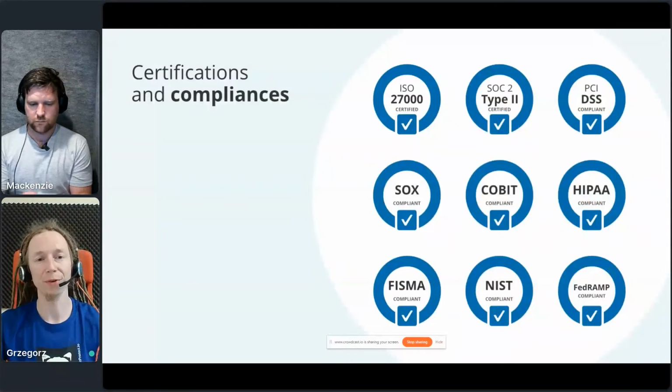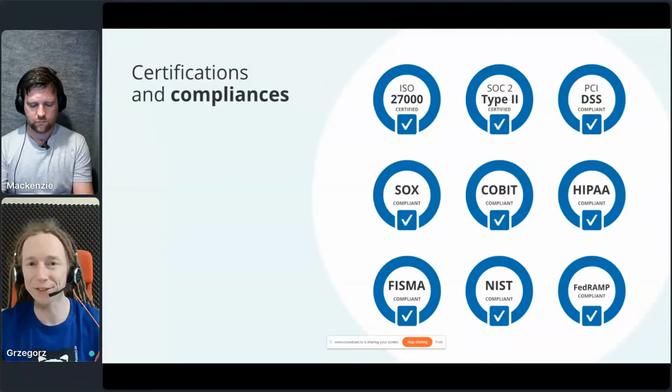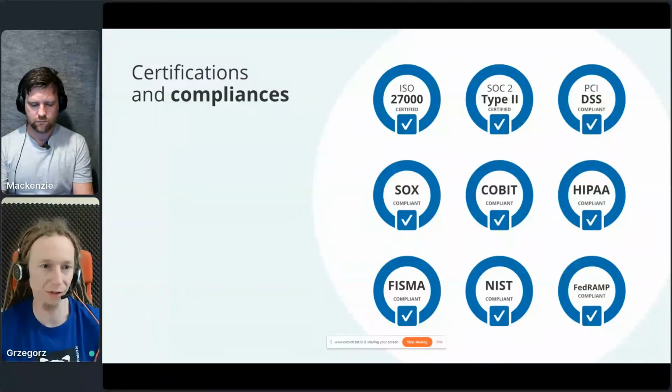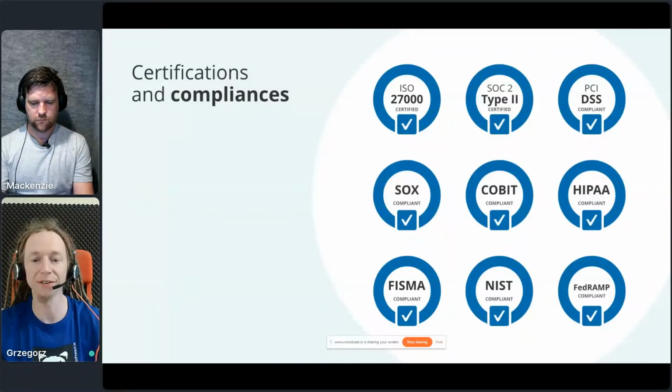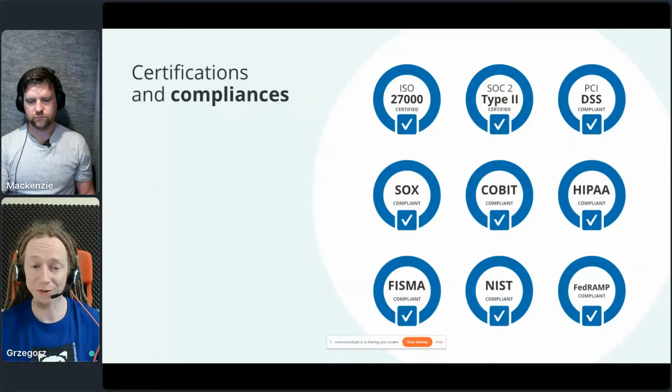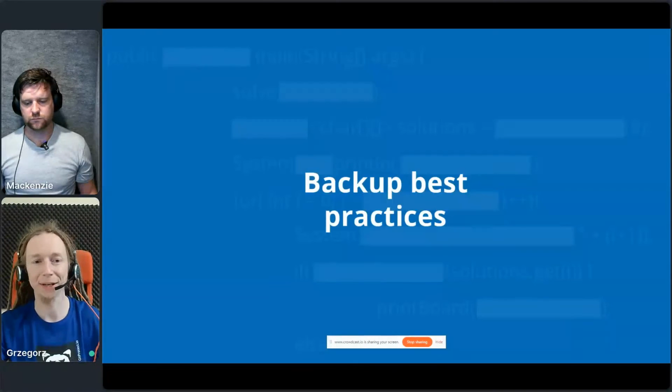And if we are talking about compliances, this is another reason why you should have a backup in place, because a lot of different certifications and compliances require you to back up your most important and sensitive data. So this is another legal reason why you should back up your data.